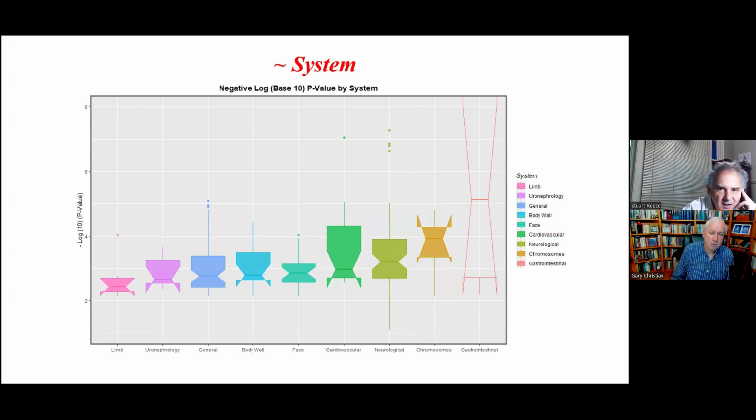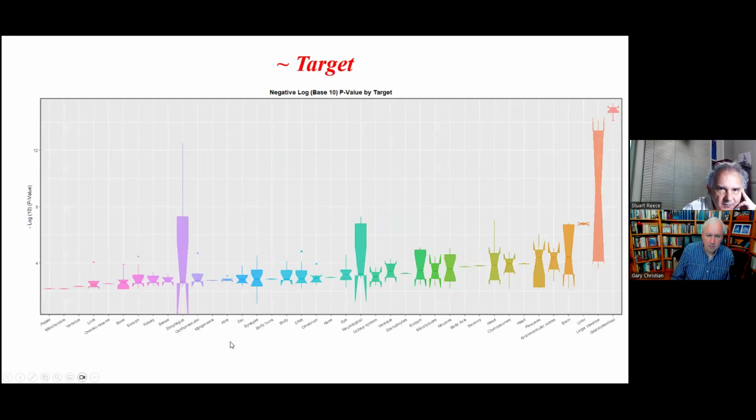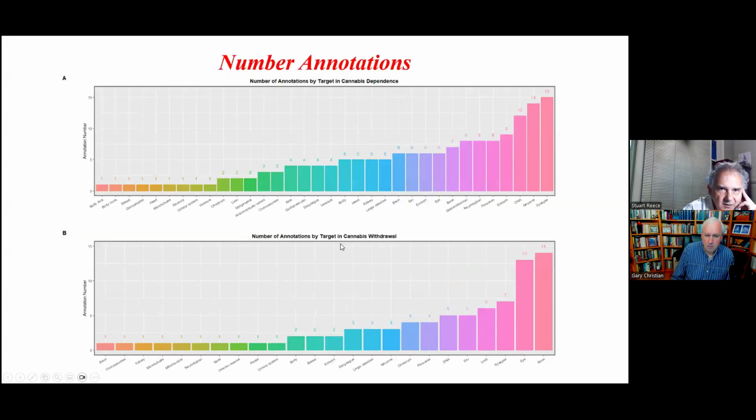So this is the negative log base 10 of the p-value by system. These are the different systems, and this is the different systems in detail by the target. And this is the number of annotations by the target in cannabis dependence and cannabis withdrawal.